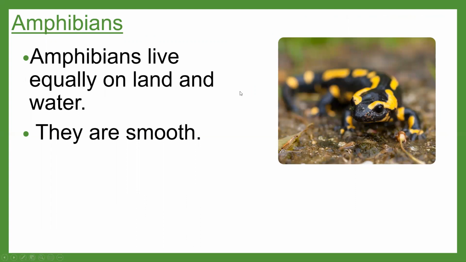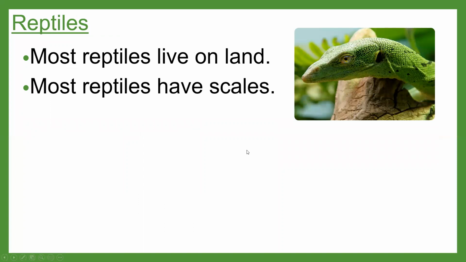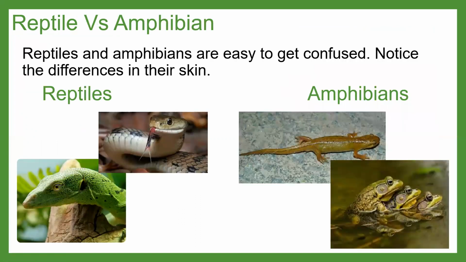Amphibians. Amphibians live equally on land and on water. They are smooth. Reptiles. Most reptiles live on land, and most reptiles have scales, just like my lizard in this picture. Reptiles versus amphibians.